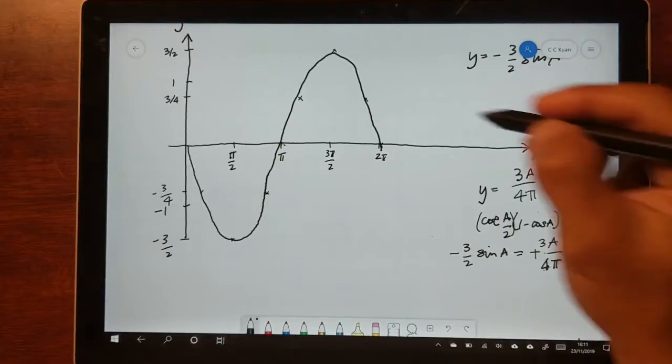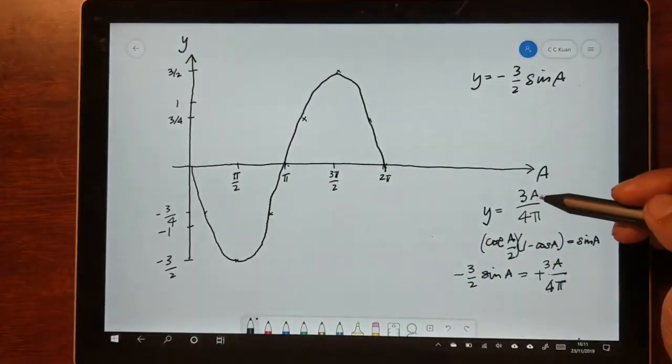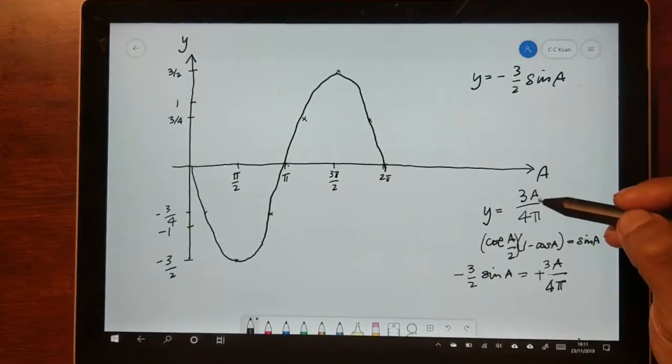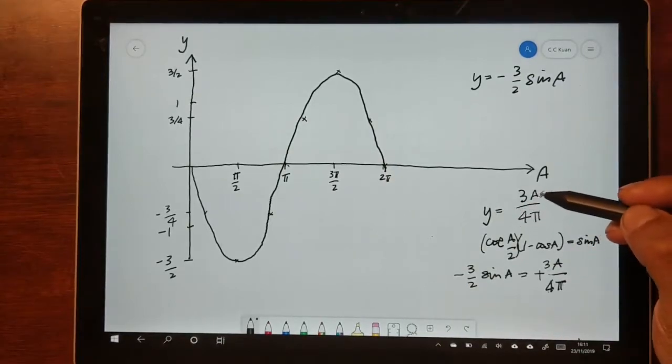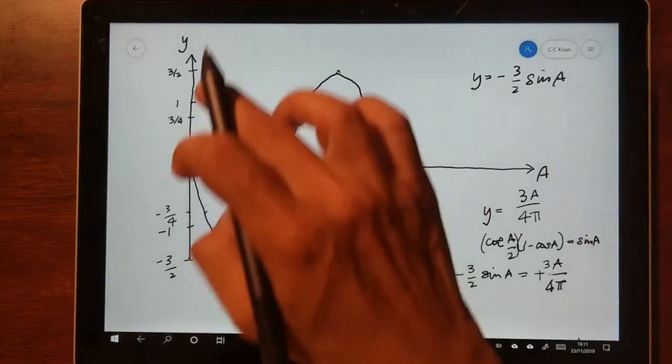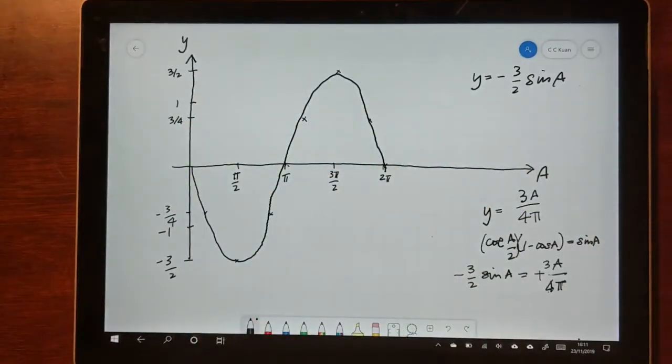So remember, we have the A axis against the y axis, so you can think of this as the x axis. That's a y equals mx plus c type curve, and the gradient is simply 3 over 4 pi.